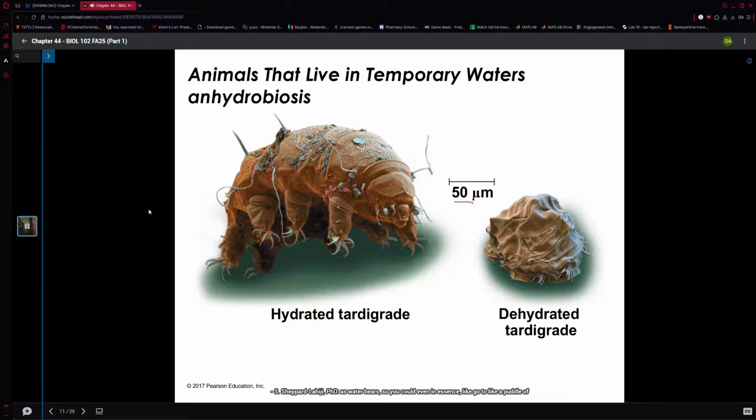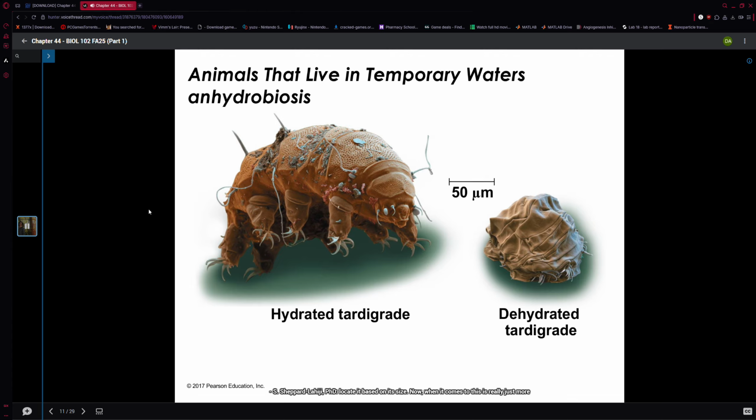So you could even, in essence, go to a puddle of water after it rains and aspirate some of that water, put that on a microscope, and it's entirely possible that you could uncover one in its hydrated state if you have a microscope that is strong enough to locate it based on its size.